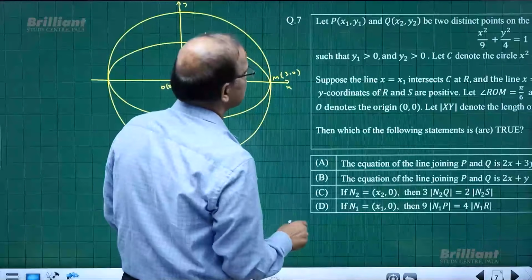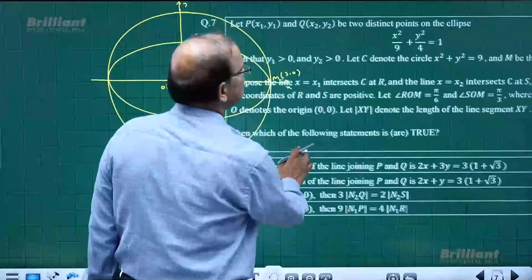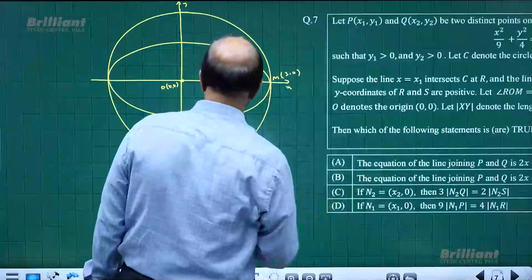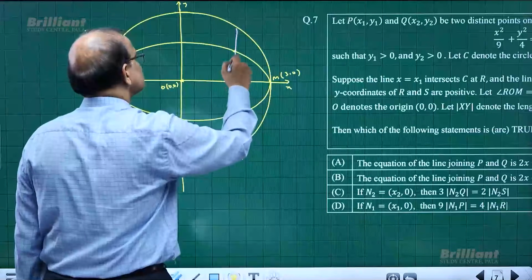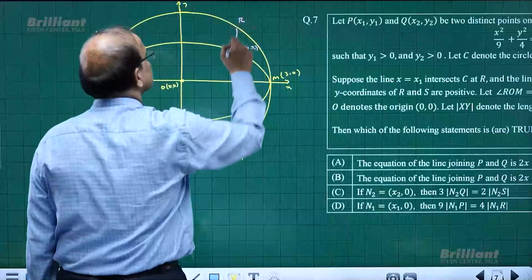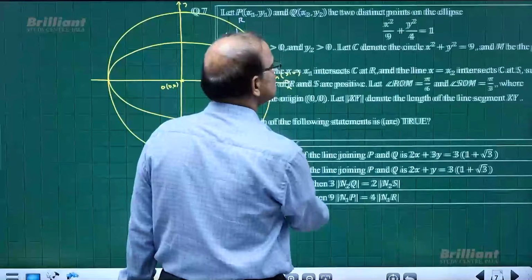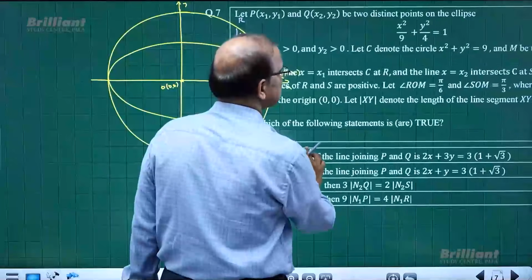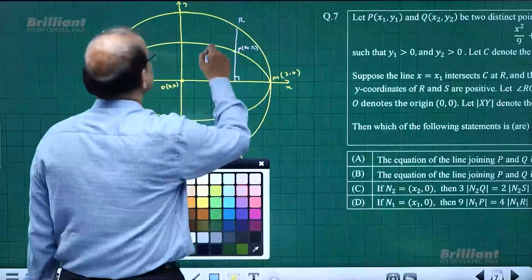Now, suppose the line x equal to x1 intersects C at R. This is C, and this is P(x1, y1), and the line meets C at R. Next, x equal to x2 intersects C at S, such that the y coordinates are positive.